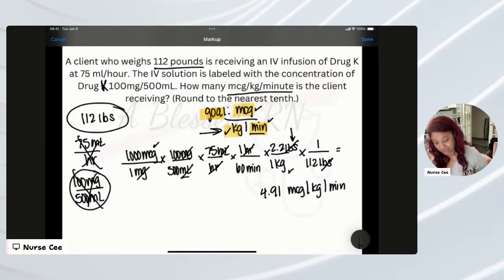I was like, that's not part of the goal. I need milligrams. So boom. Had my milligrams crossed out. Then I had milliliters. So that came next. So I crossed my milliliters out. Then I had hours, cross my hours out. So I had the minutes. And then the only thing that was left was the kgs. So do they necessarily have to go kg first, then minute? No, just as long as they're both on the bottom.